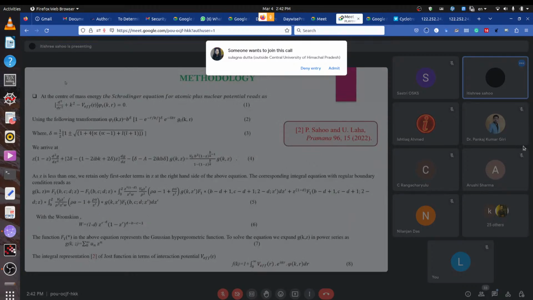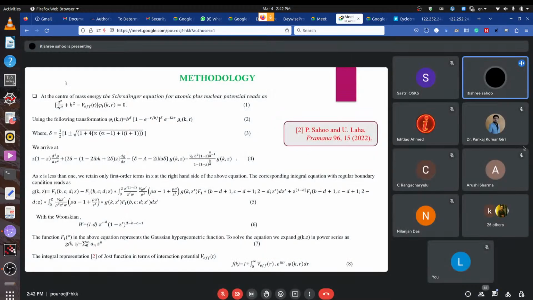For the two charged particles we are taking, the proton and oxygen, for the atomic plus nuclear potential at the center of mass energy, the Schrodinger equation we can write as equation 1: the double derivative plus k square minus V effective r, acting on phi L k r, equal to 0, where k is related to the center of mass energy and V effective is the addition of the Hulthén and the Manning-Rosen potentials.